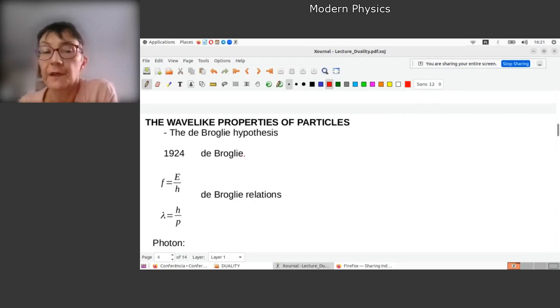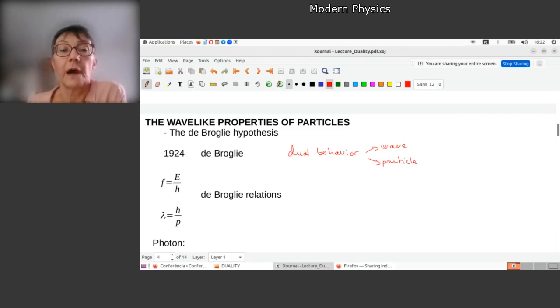I'm not sure, but I think his brother was a physicist, and so he engaged in the study of physics also. In 1924, he thought, well, this dual behavior of light as a wave and as particles should also be valid for material particles. So we can think of electrons and things like that.